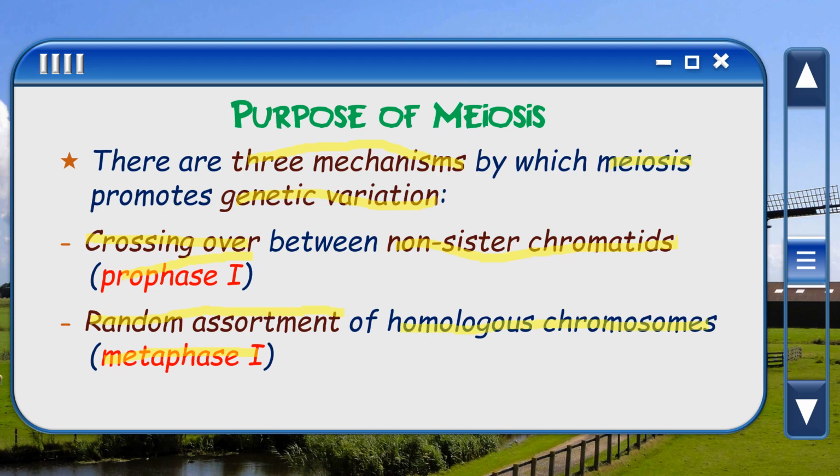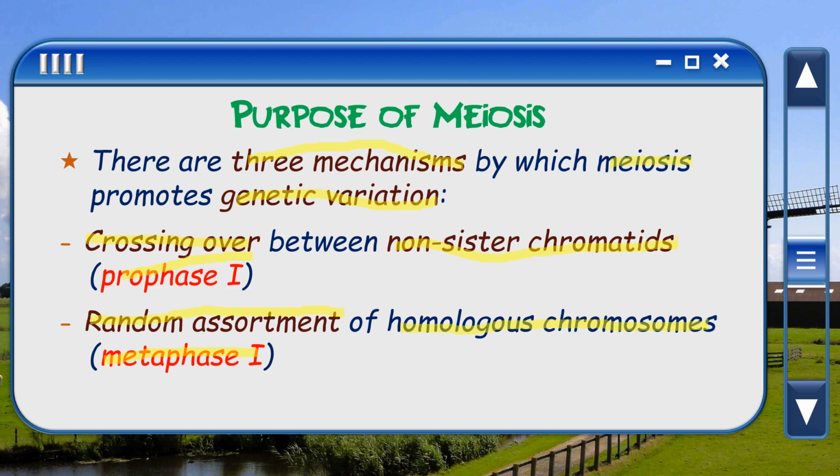What do we mean by random assortment? Now, in metaphase 1, we have seen that the homologous chromosomes are aligning themselves on the spindle in the equator of the cell at the center. Now, when they are aligning themselves, the homologous chromosomes are a pair of chromosomes. One chromosome came from the father and another chromosome came from the mother.